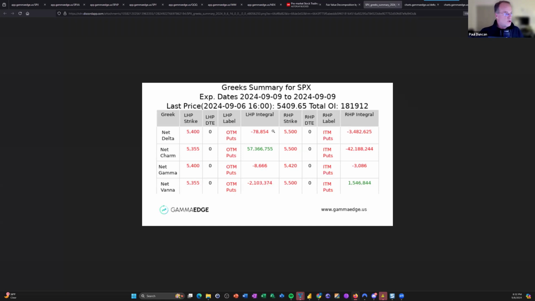If we move across 5,500 from below, we're coming up underneath an in the money put strike, the biggest one, we're going to have the biggest removal of negative deltas. That's the same thing as adding positive deltas. Our book gets longer, dealer book gets shorter.